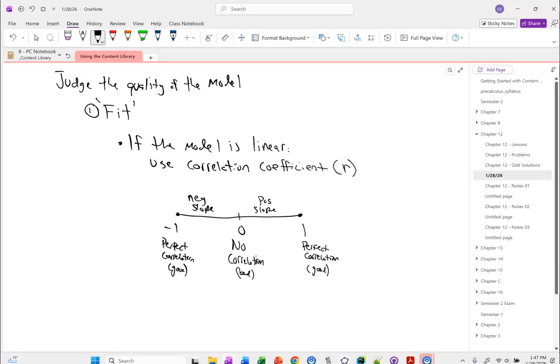So again, the further you get away from 0 in either direction, the better your model fits the data. So things in the 0.9 range, it's pretty great. You typically aren't going to do much better than that from a realistic standpoint. Does everybody feel okay there? Okay.